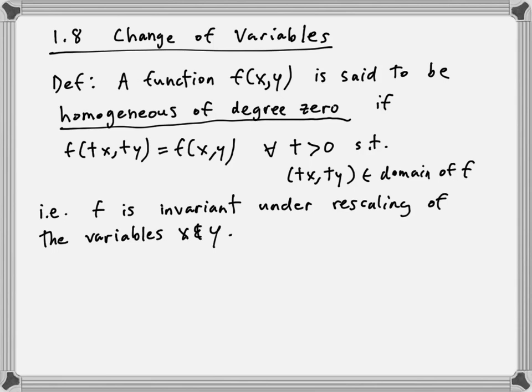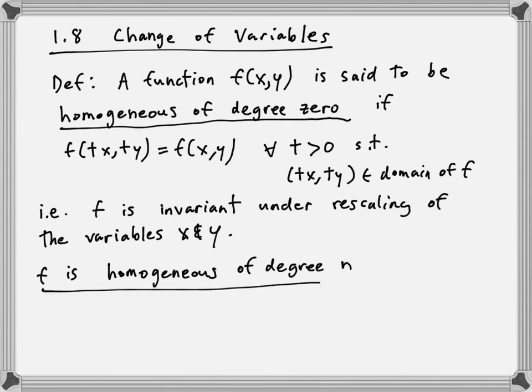So, as a further definition, f is homogeneous of degree n if f of tx comma ty is equal to t to the n times f of x, y.